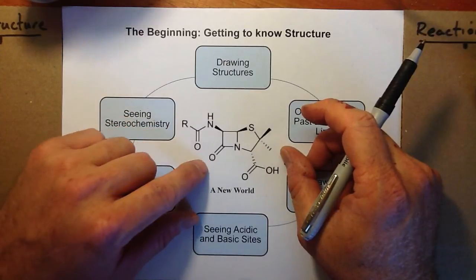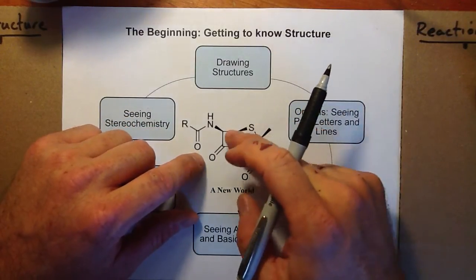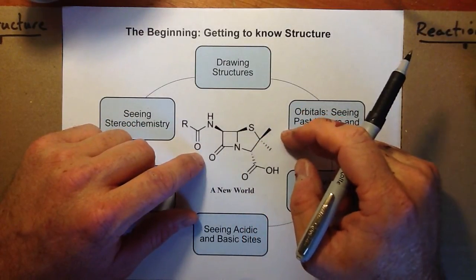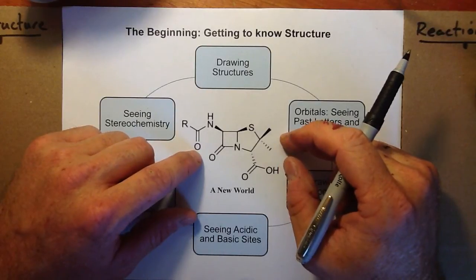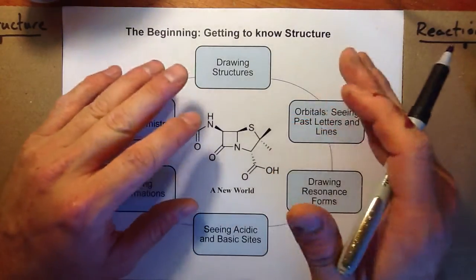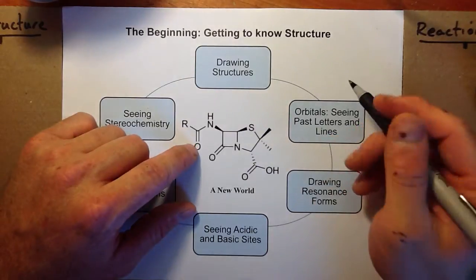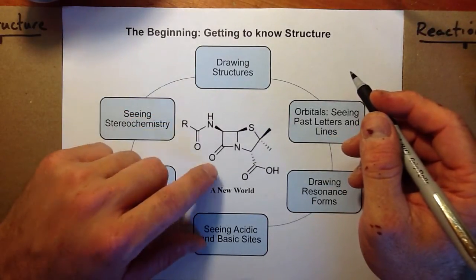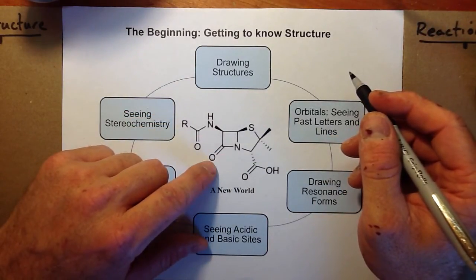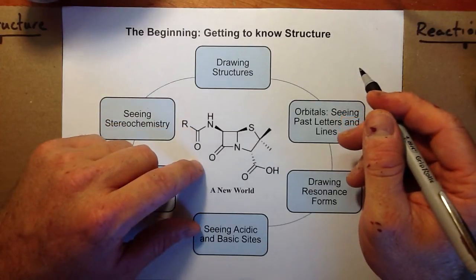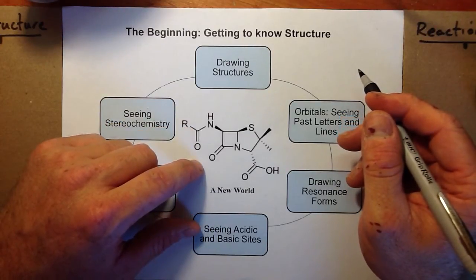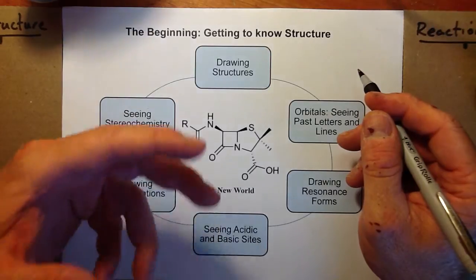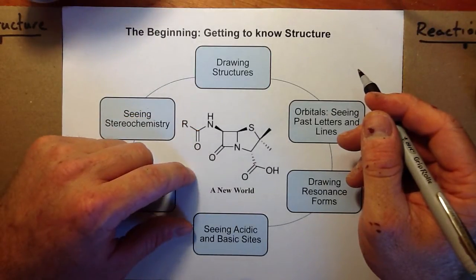These drawings, what we call skeletal drawings or bond line representations, are what you find throughout the literature in organic chemistry. It's the starting point. So this is a good place to start if we want to take the advice of Richard Feynman and talk about organic chemistry. And what do we want folks to be able to do in organic chemistry?